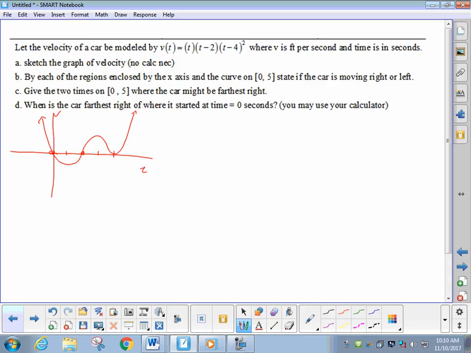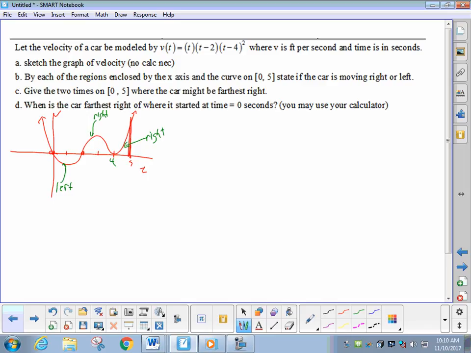I should have said, next to each of the regions enclosed by the x-axis and the curve, on 0 to 5, state if the car is moving right or left. Here's a region enclosed by the x-axis and the curve. Is the car moving right or left? Left, because velocity is negative. Right. And it stops momentarily at 4, but then it goes back to moving right.